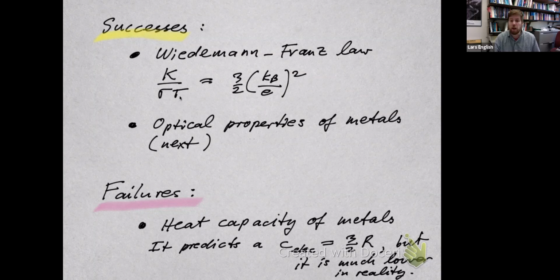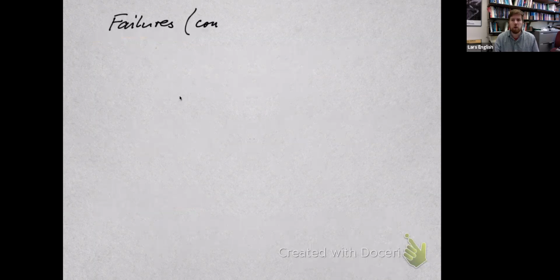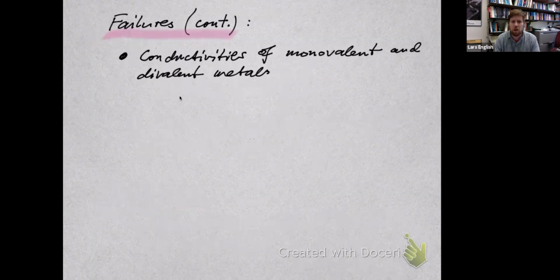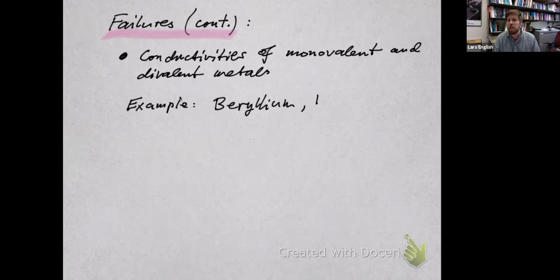So it doesn't do very well there. Furthermore, as we said before, it doesn't really predict the differences between monovalent and divalent metals very well. So it doesn't give us the complete picture there, and is actually misleading here.